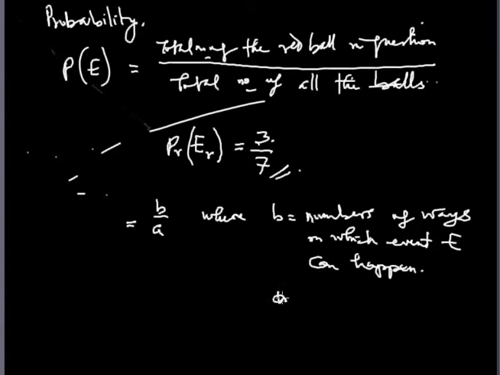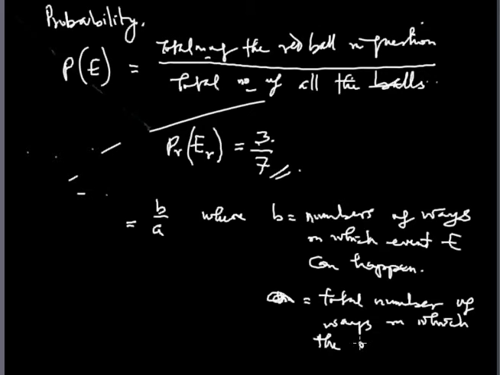While A is the total number of ways in which that particular operation that you have executed can take place, in which the operation can be done.